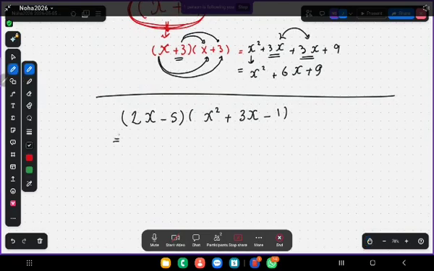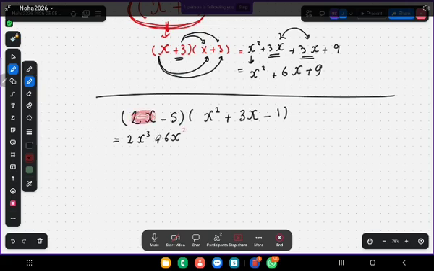Okay, so we do 2x into x squared, so that's 2x cubed. Okay, plus 6x. 6x what? Squared. Yeah, because I'm here. Just remind yourself all the time, okay? So I'm here.